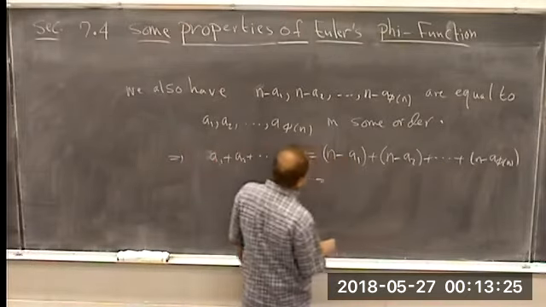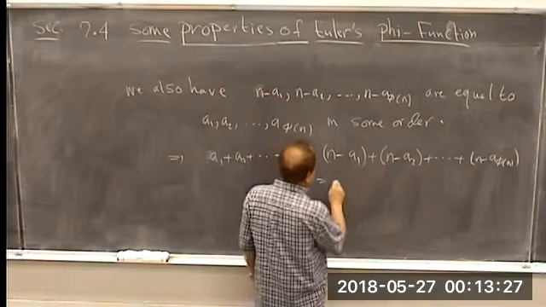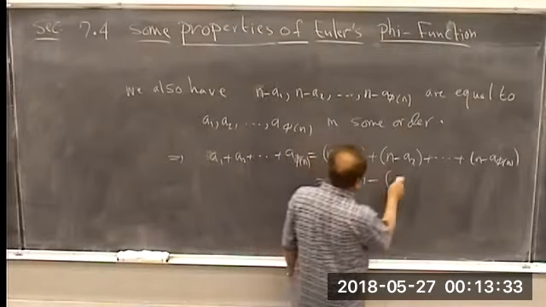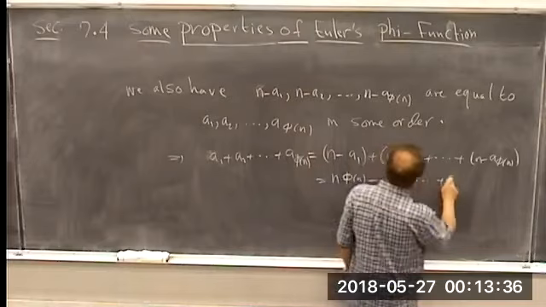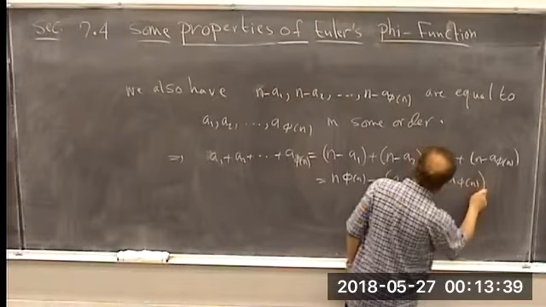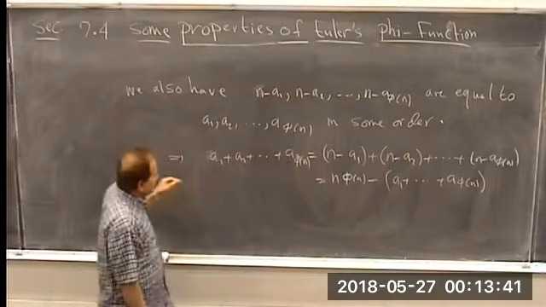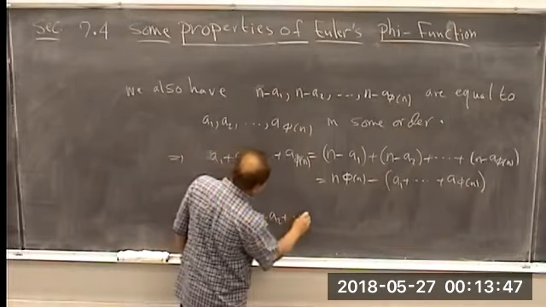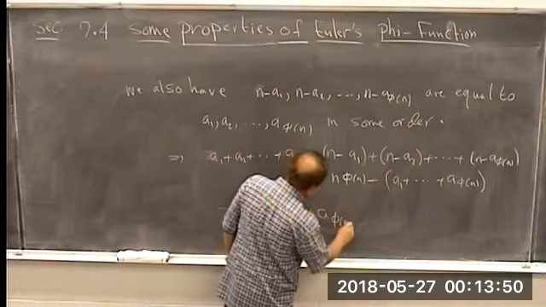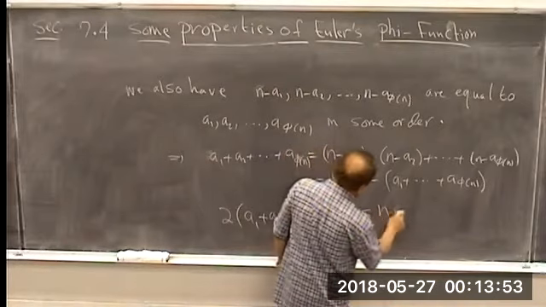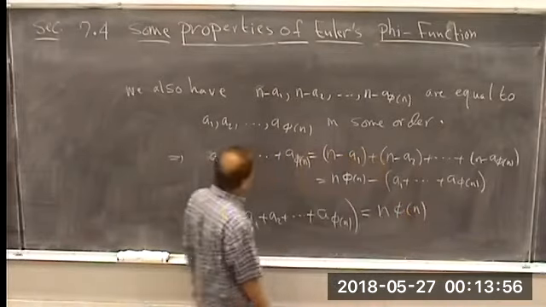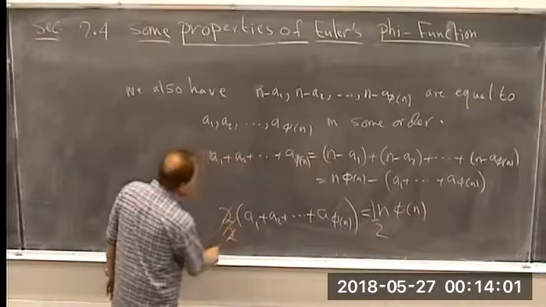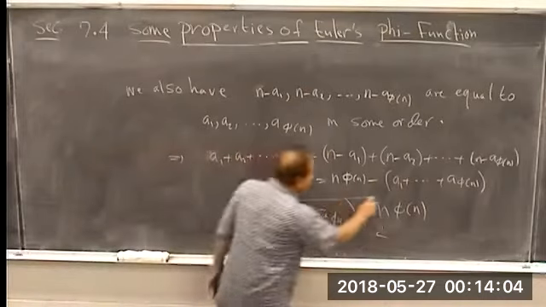We're going to collect all the n's, and there are phi of n of them, so we have n times phi of n. Then we have a1 up to a phi of n, and we're going to take this to the other side. So we take it twice: twice the sum of a1 up to a phi of n is equal to n phi of n. And then by dividing by 2, we get the formula for the sum.